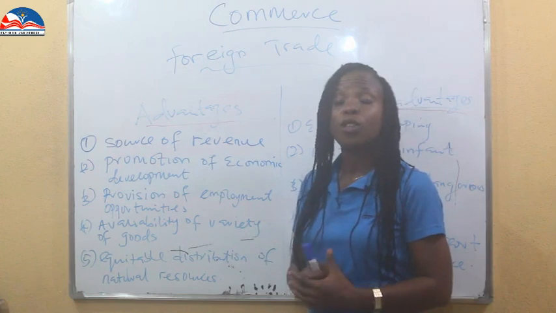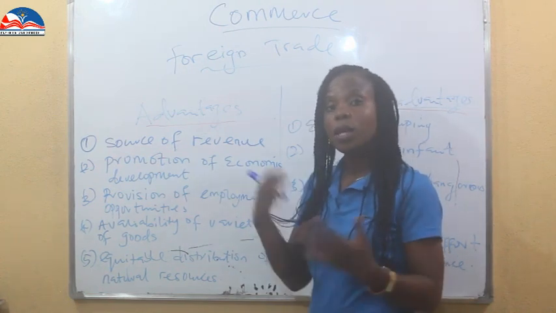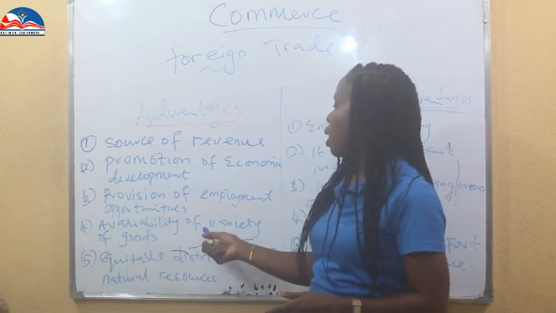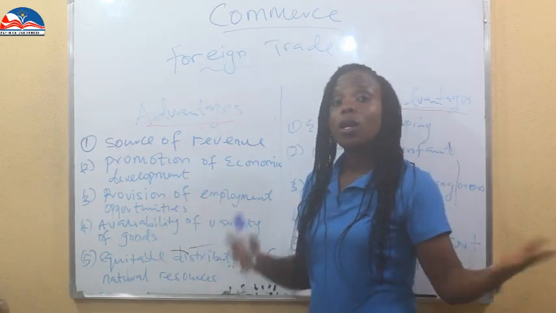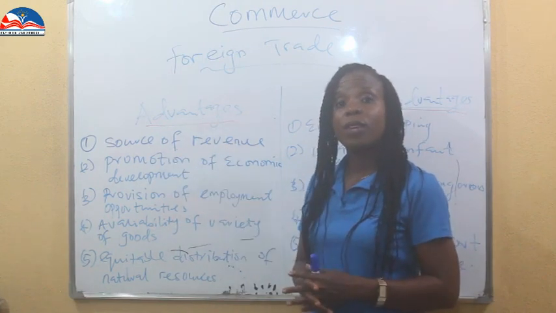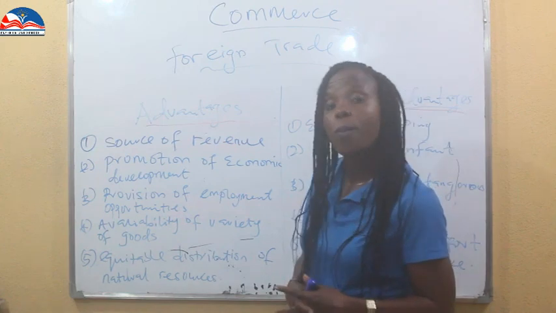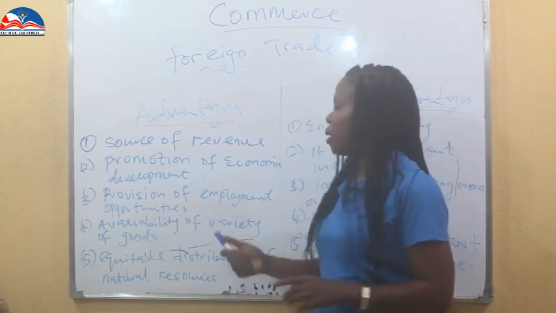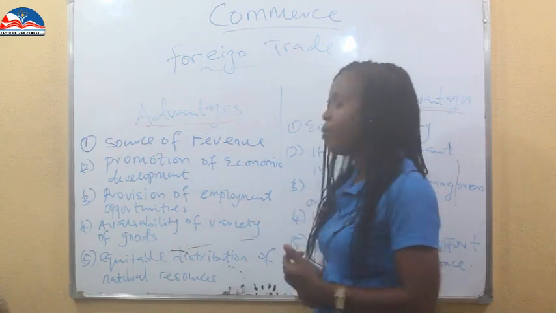It provides job opportunity for those who are importers and those who are exporters. Availability of a variety of goods. That comparative advantage comes in here because a nation produces that which it has comparative advantage over. And so we have a variety of products. Those that we cannot produce, we can have.